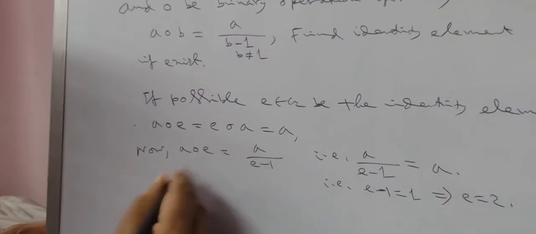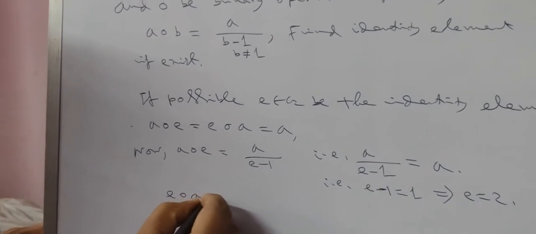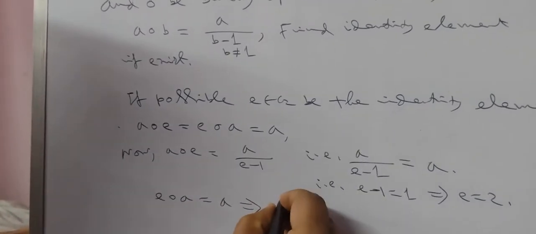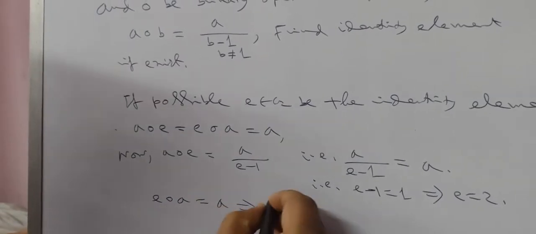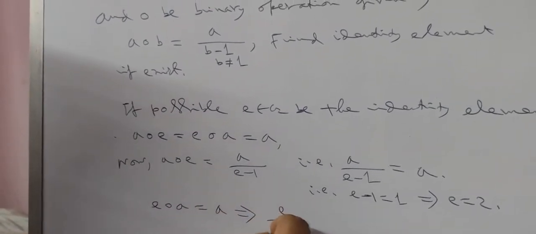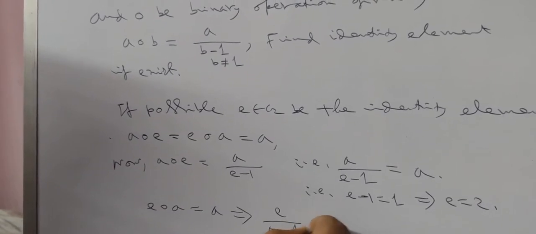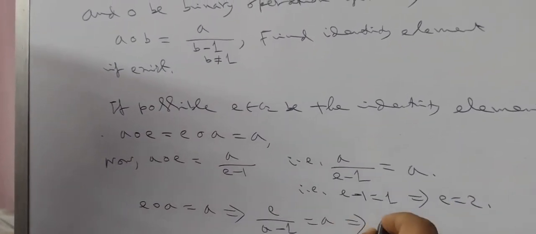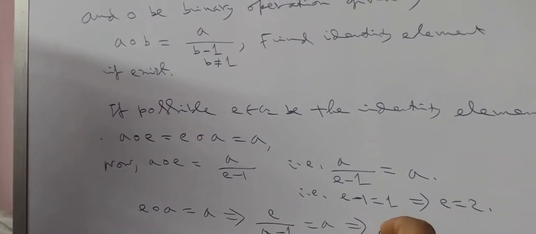And checking another condition, E composition A will be A. Just given things imply that E by A minus 1 is equal to A, and A is not equal to 1.